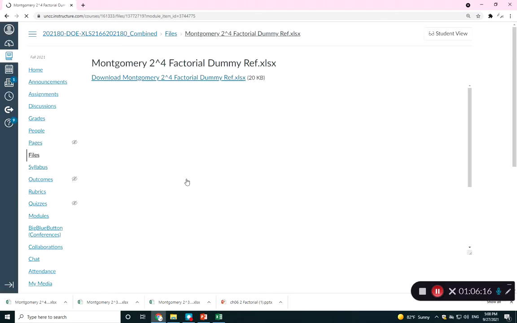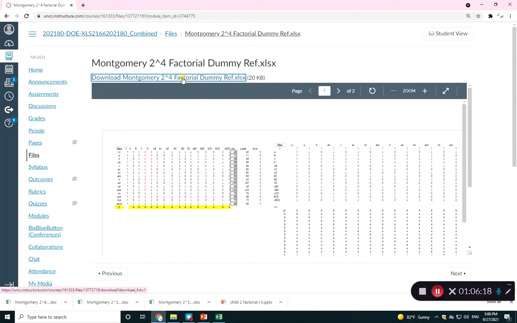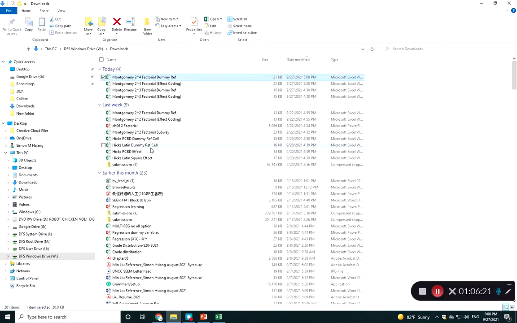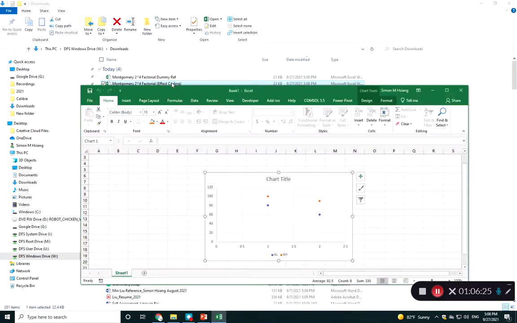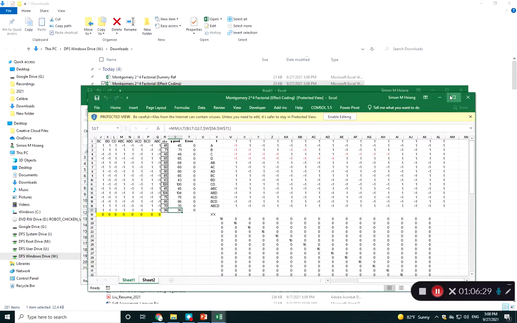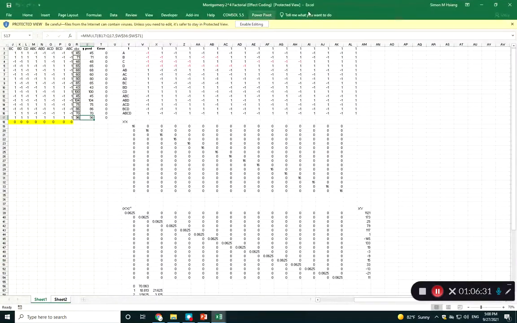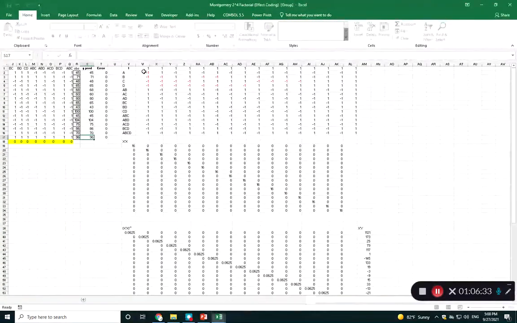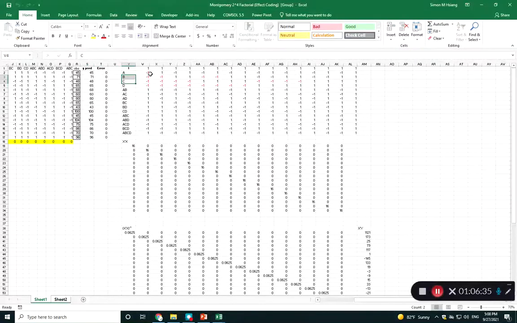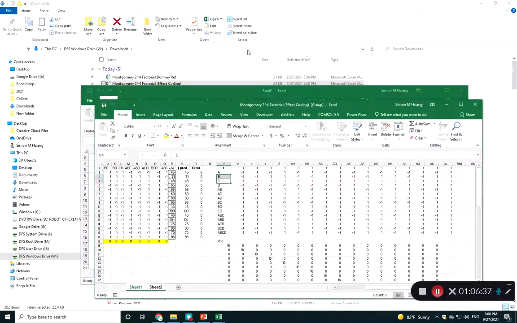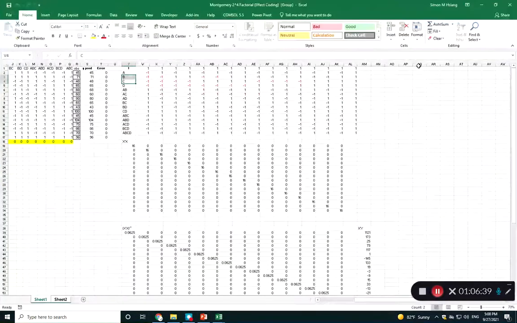I still can have my contrast approach. So when I have my contrast approach, you copy down everything. Let me make it smaller.